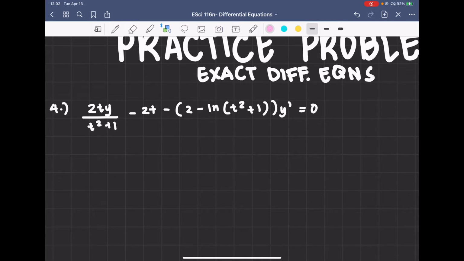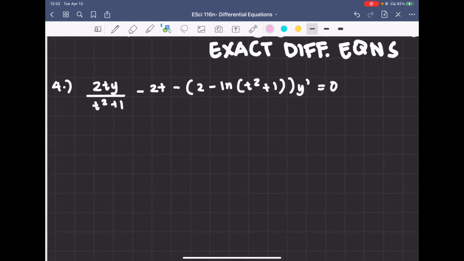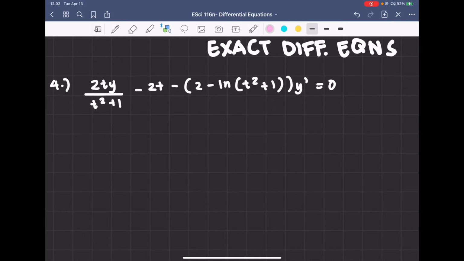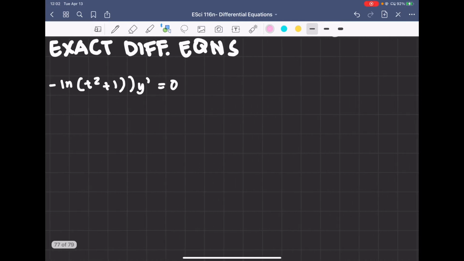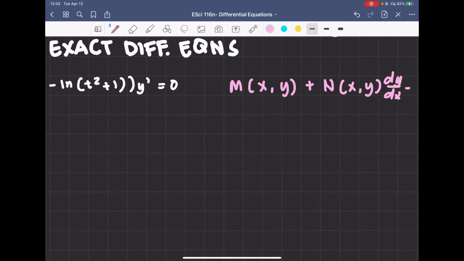Now we can see here that this is not our suitable form for an exact differential equation. We have to rewrite this because it has to be M(x,y) plus N(x,y) dy over dx equals 0.